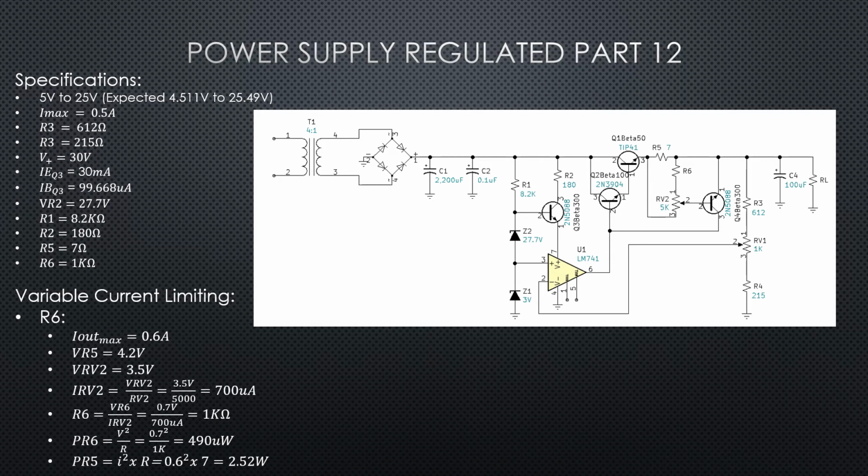So 3.5 volts divided by 5,000 gives us a branch current of 700 microamps. That's equivalent to IR6, the same branch current. We divide the 0.7 volts by the 700 microamps, and we solve for an R6 value of 1K ohms.